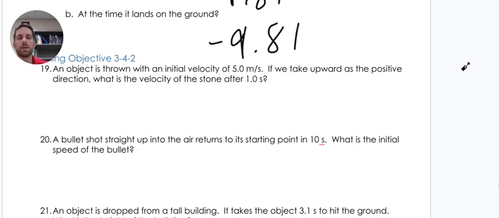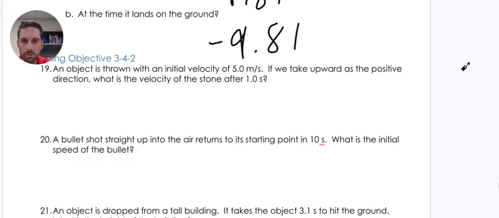And we know that we're going to choose to use our values here. For these, I'll just use negative 9.8. It might tell you differently in the problem.